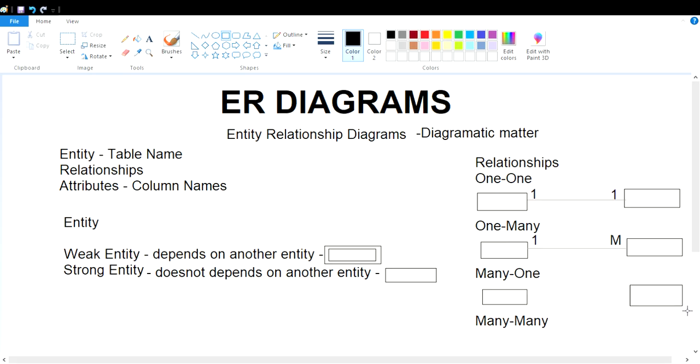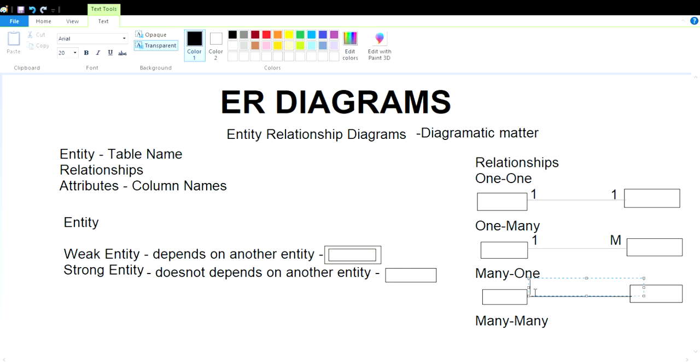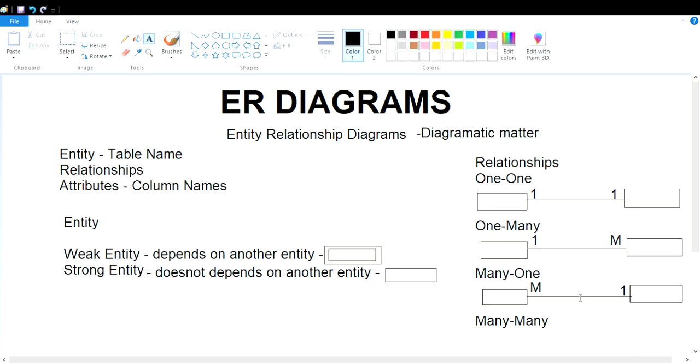Many to one: more than one row from the first table interacts with only one row from the second table. That is a many to one relationship.